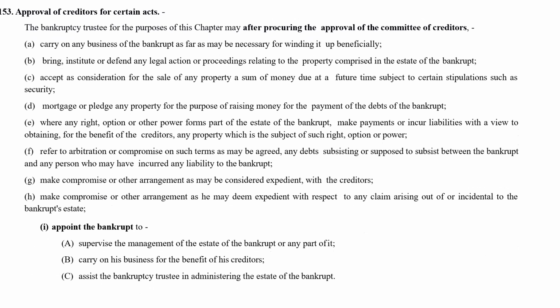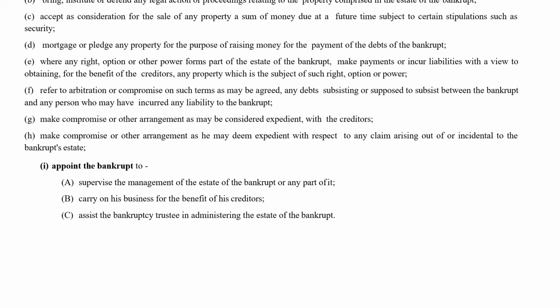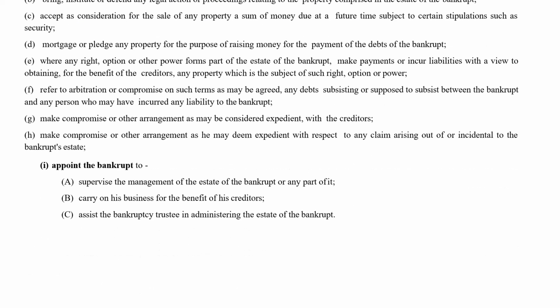Make compromise or other arrangement as he may deem expedient with respect to any claim arising out of or incidental to the bankrupt's estate. So all these things, basically, these are some major acts.